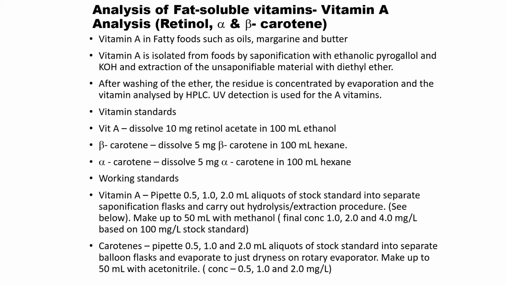So class, basically vitamin A can be isolated from foods by using a saponification process with ethanolic pyrogallol and potassium hydroxide, and extraction of the unsaponifiable material with diethyl ether. After washing, the residue will be concentrated via evaporation, and the vitamins will be analyzed using HPLC with UV detection for the vitamin A analysis.